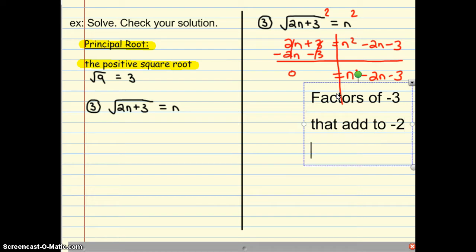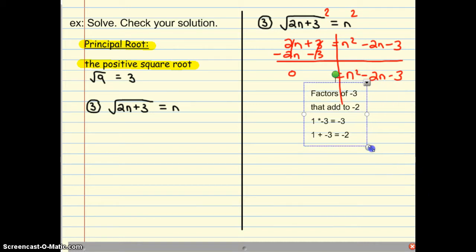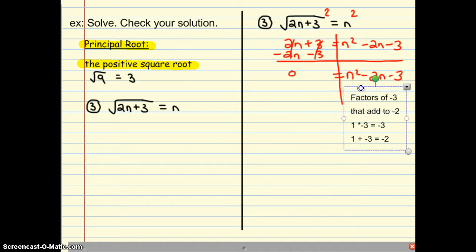So we would have, say, 1 times negative 3 is negative 3, and 1 plus negative 3 equals negative 2. It's this piece back from chapter, oh golly, I think that's chapter 8 by now.